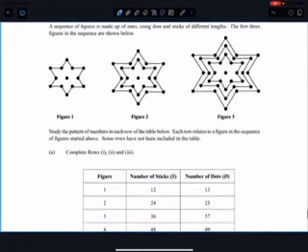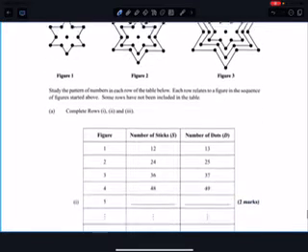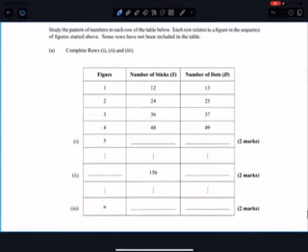Chapter 5, my favorite one, chapter 5. So, I received this table in front of me. The first thing I noticed, add 12 every time.